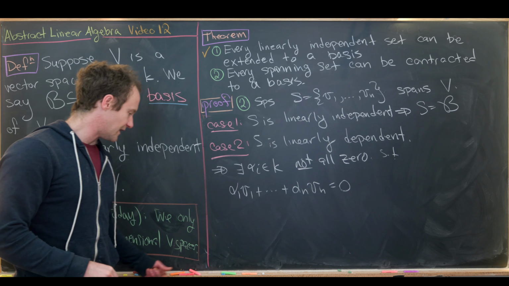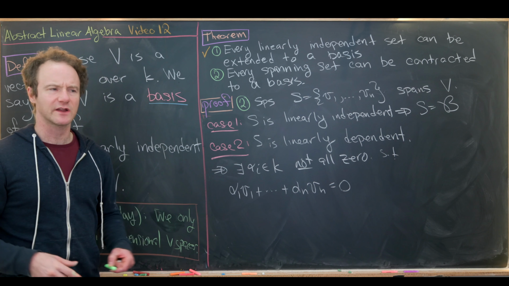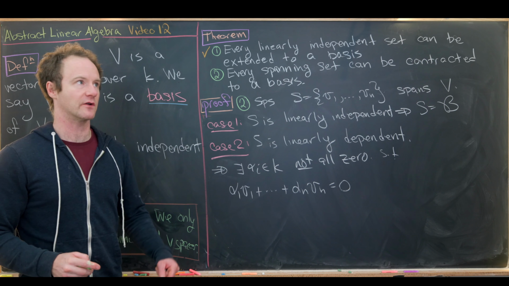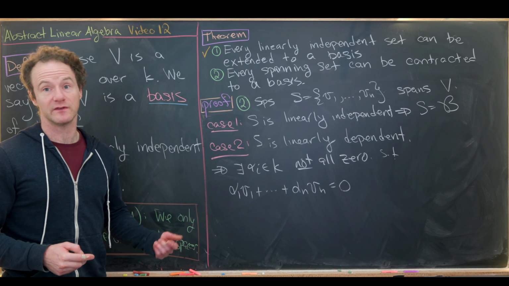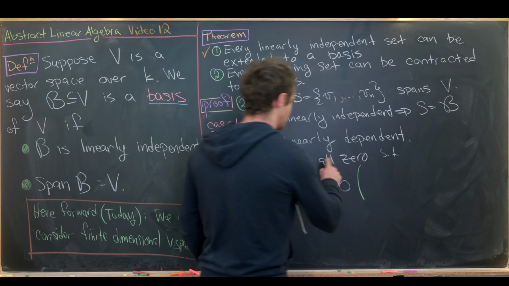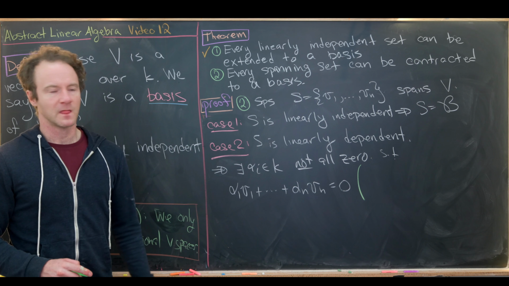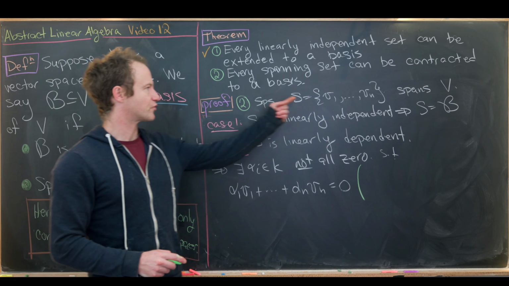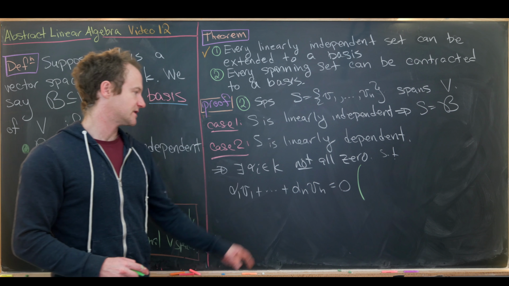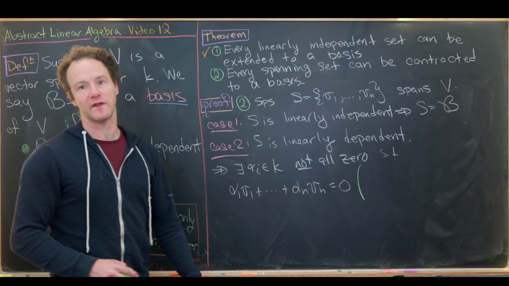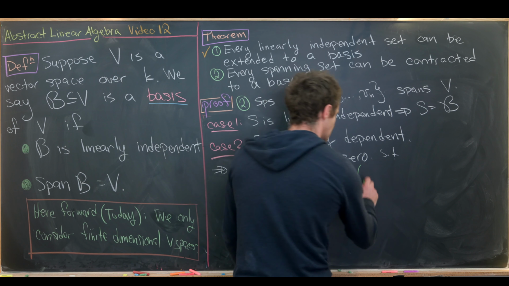Okay. And then while we're at it, I'm going to do a little bit of a trick just to make everything work out a little more nicely. And this is a trick that we did in a previous video. So if these are not all 0, what I can do is I can just rename the elements V1 to Vn so that alpha n is the one that's not 0. So let's do that.